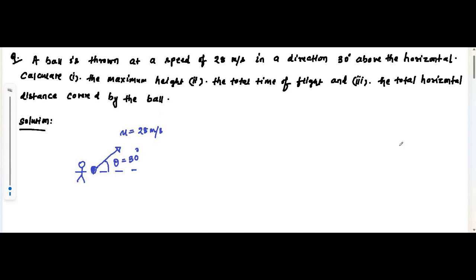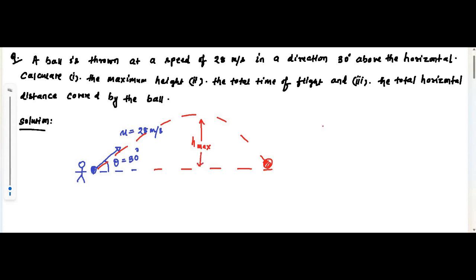First it has been asked to find the maximum height reached by the ball. The ball will have this kind of a trajectory, and finally it will reach here. This is the maximum height reached by the ball.